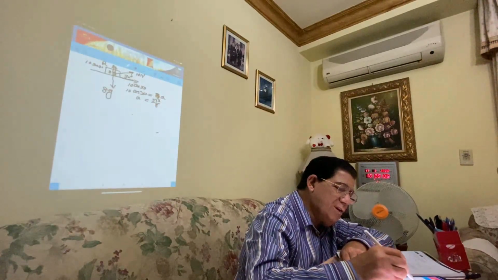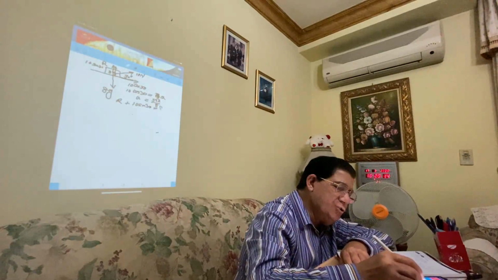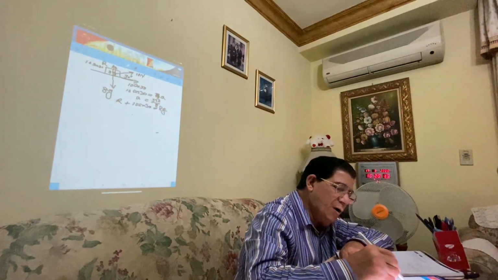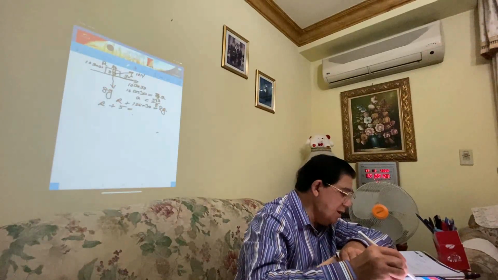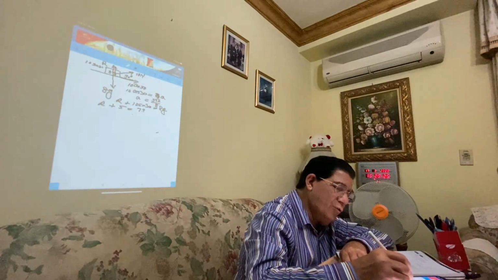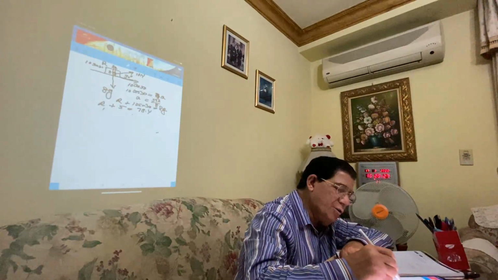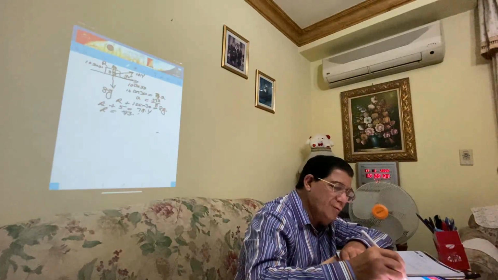Then I can say R plus 10 sine 30 equals mg. So R plus 5 equals mg, which is 78.4. So R equals 73.4 Newton.